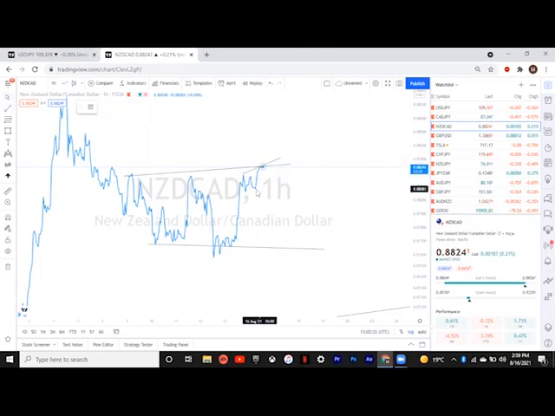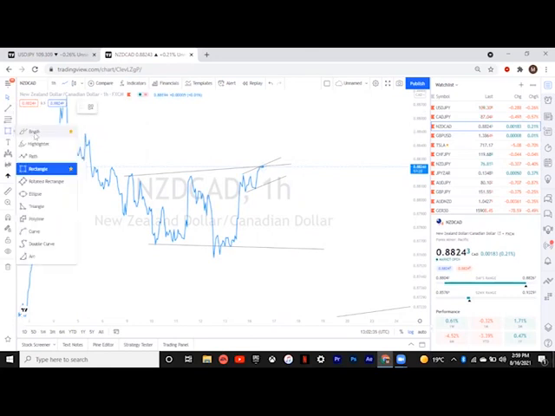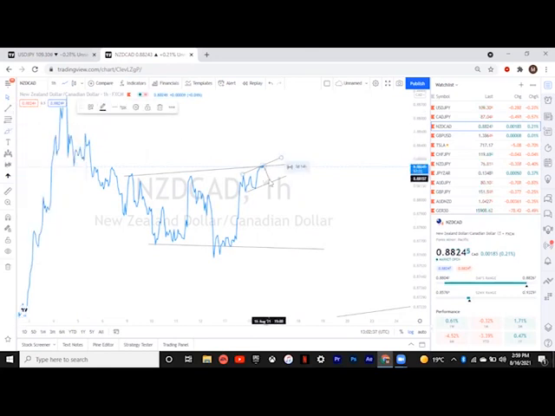The other outcome is that it could just respect its formation of an ascending structure and get the 1, 2, 3 touch. Let me just get my drawing tool, and it might move so, right?